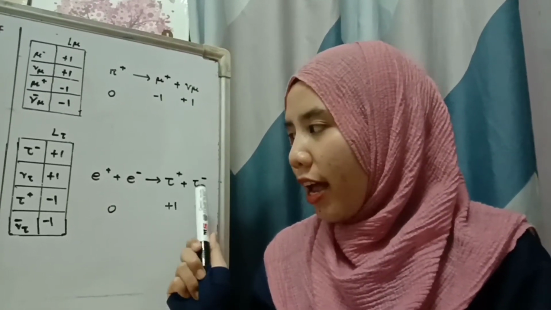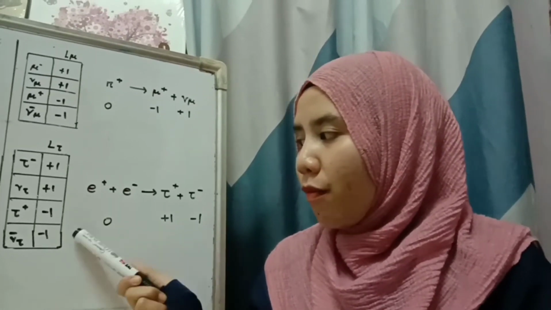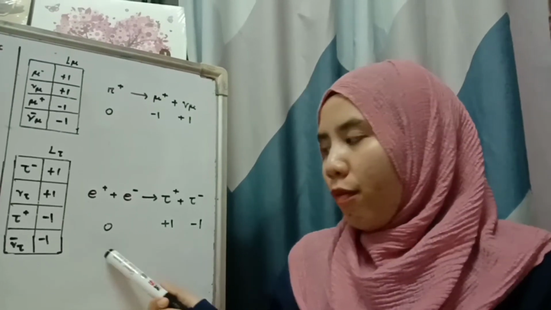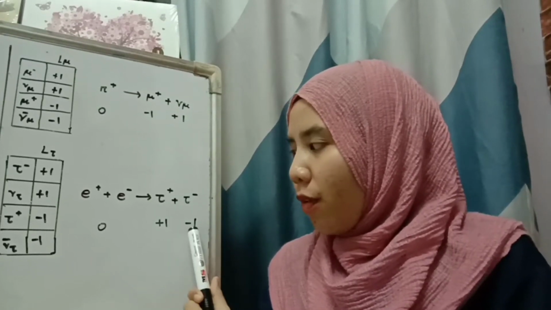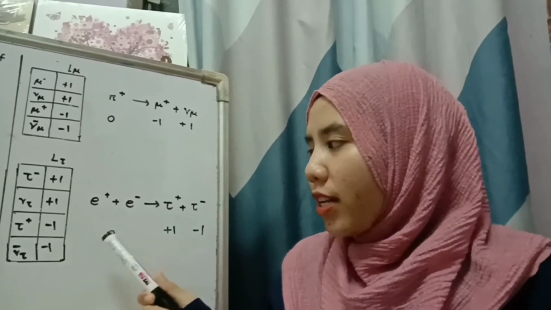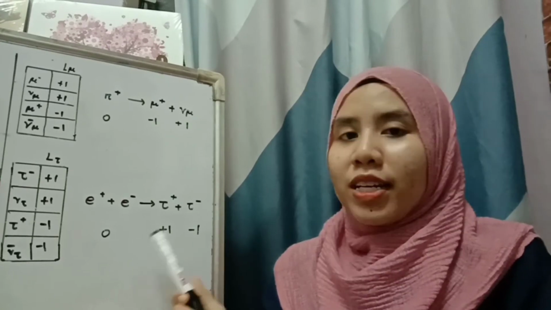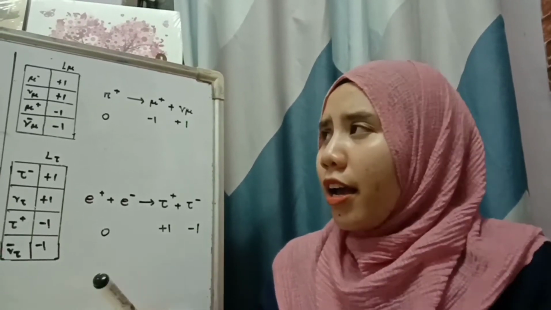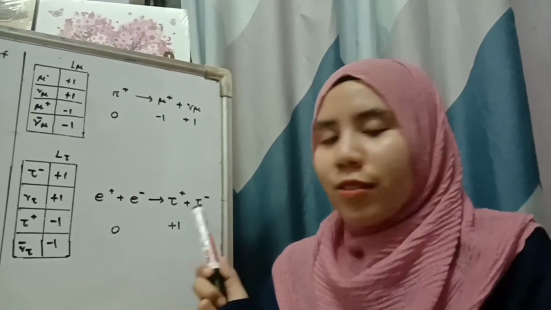The reaction shows that when the positron combines with the electron, the value for the left side is 0, and for the right side the values are positive 1 and negative 1. These values are from this table. When we add up, we get 0, which means it occurs and takes place in nature. And this is the conservation law of the tau lepton number.